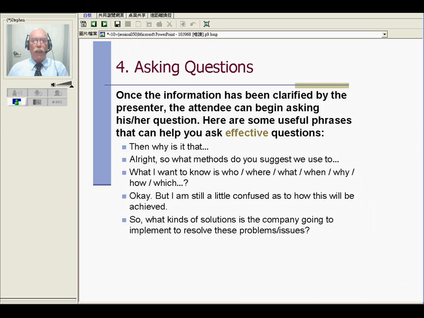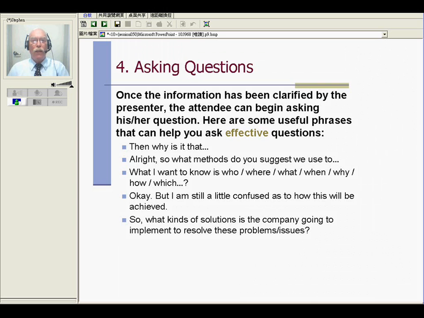Okay, and then we say, then why is it that this is that? Or we can say, all right, so what methods do you suggest we use to do what you just said? All right, or what I want to know is who, where, what, when, why, how, which.